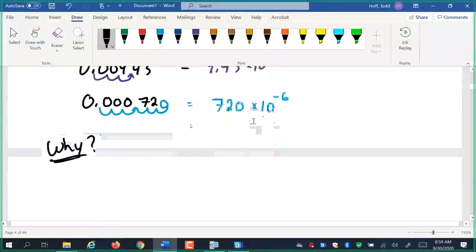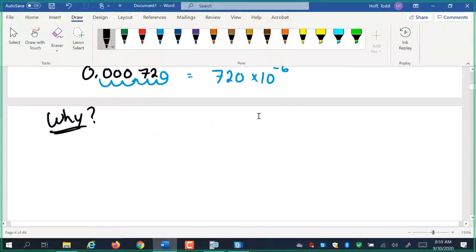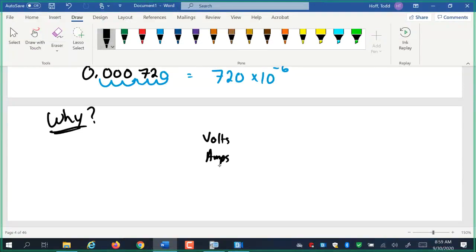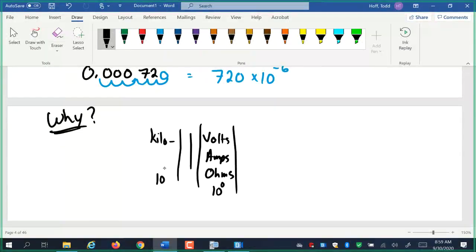Well, because if you get into electronics, you have volts, amps, ohms, so on. Well, skipping up, you have kilovolts, kiloamps, kiloohms. If we consider the original unit to be 1 or 10 to the 0, kilo is 10 to the 3rd.